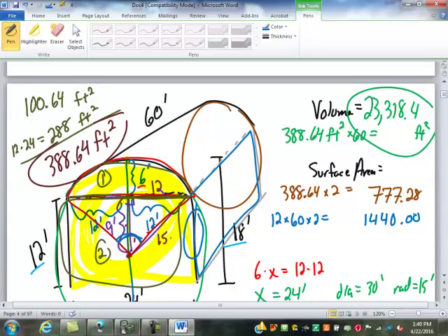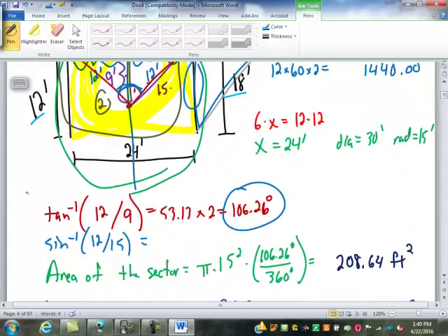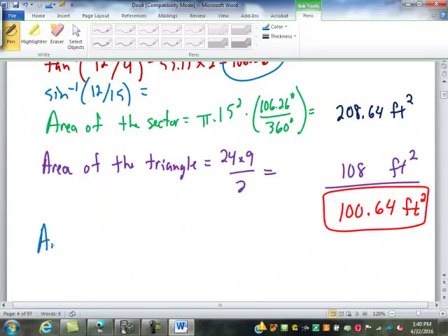Any questions so far? So all we have left is this curved part of the roof. To find that, we need to know the length of this arc here. To find the length of that arc, we find the circumference of the whole circle, which will be pi times diameter, pi times 30, or 2 times pi times 15, 2 pi r, times our angle of 106.26, our central angle again, over 360.